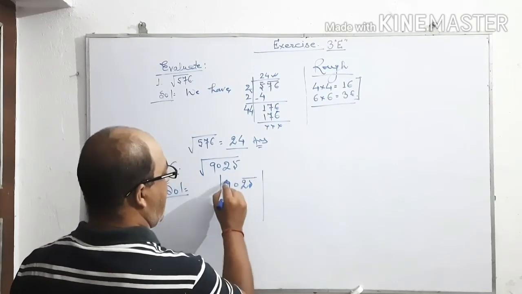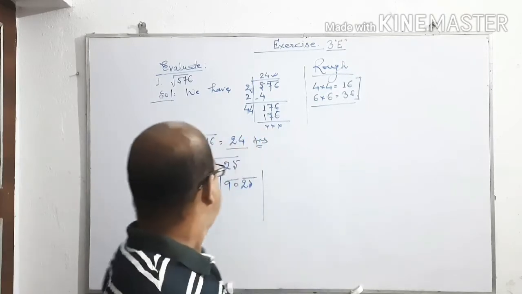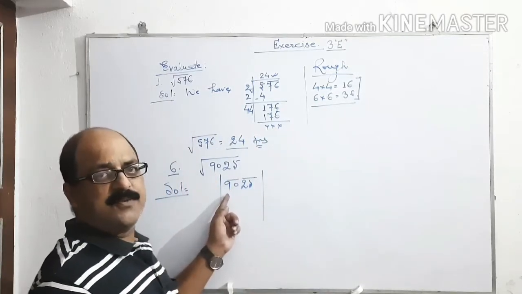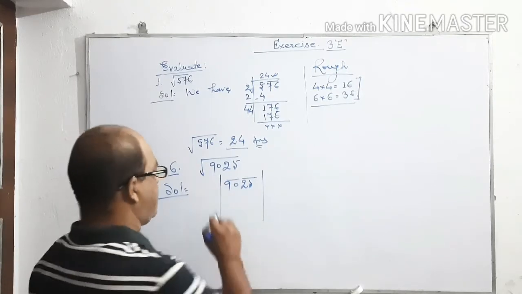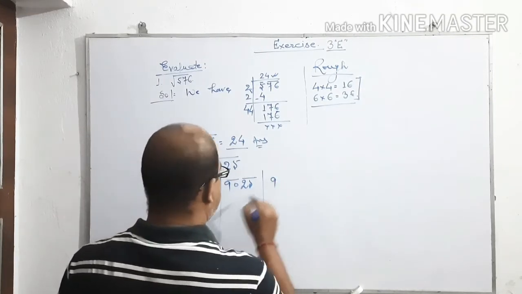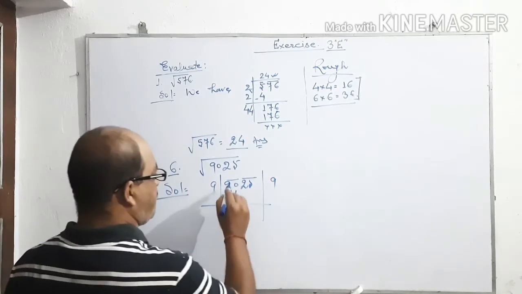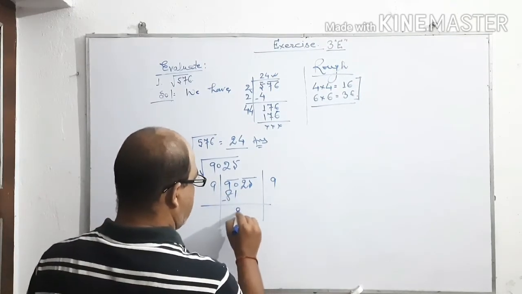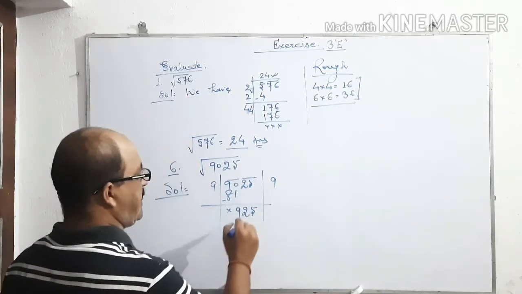So 25 and 90. 7 sevens are 49, 8 eights are 64 and 9 nines are 81. 9 nines are 81. When we subtract 81 from 90 we get 9, and it will be cancelled. Note down 25, the pair.